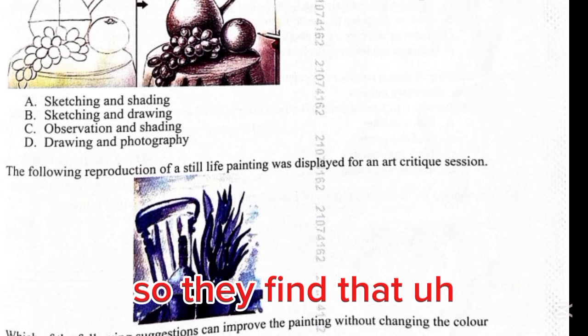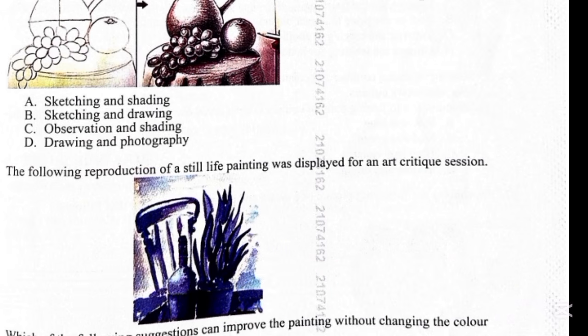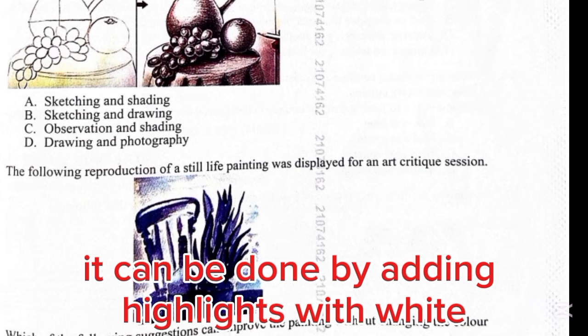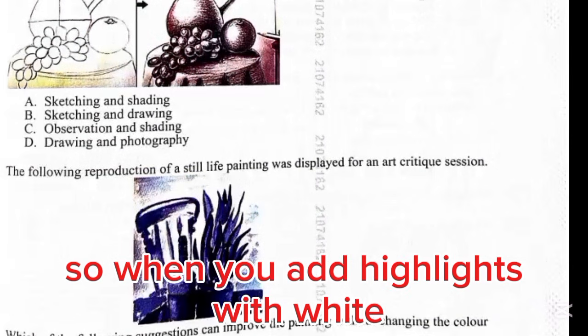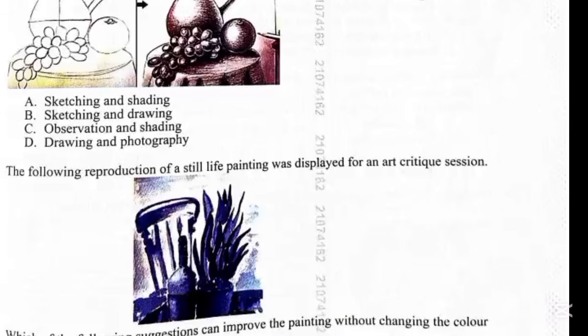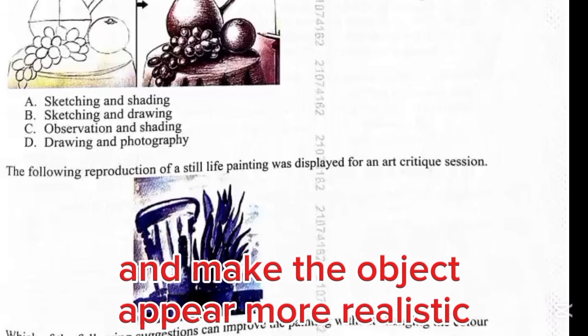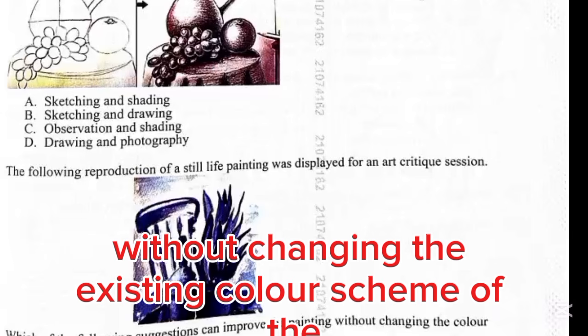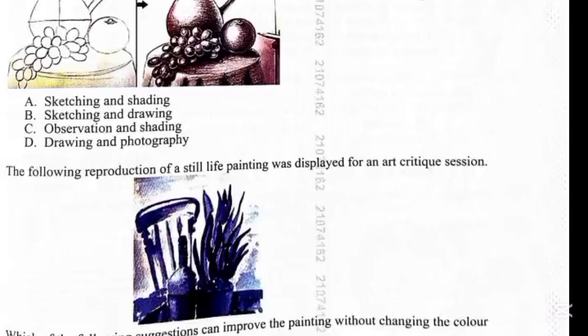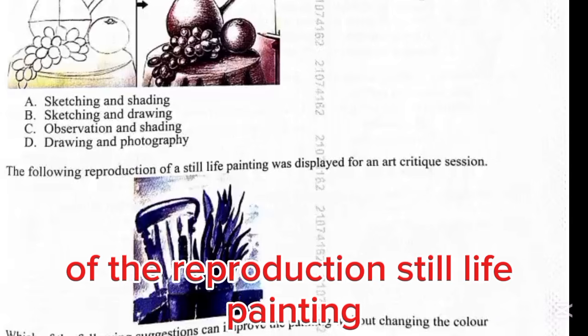There you find that it can be done by adding highlights with white. When you add highlights with white, white is going to increase the contrast and make the object appear more realistic without changing the existing color scheme of the reproduction still life painting.